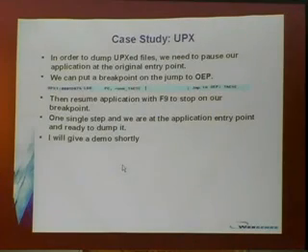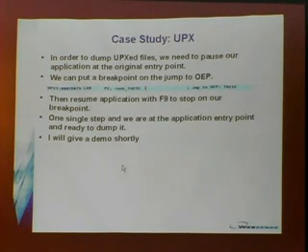So if you want to dump this application, so you can reverse engineer it, the first thing you need to do is to pause the application on the entry point. So as I said, you have this instruction, which is basically loading this memory location inside the PC register, which is the EIP.